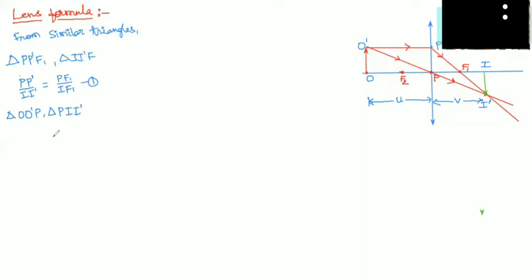Now based on this, if we write ratios, O dash by I dash is equal to, so bases will be OP by PI. Okay, I'll show you this once again in this diagram. So O dash P is one triangle, I dash P is other triangle. These two triangles are formed by the same line. Now O dash by I dash is equal to OP by PI. Right? So this is our second equation.